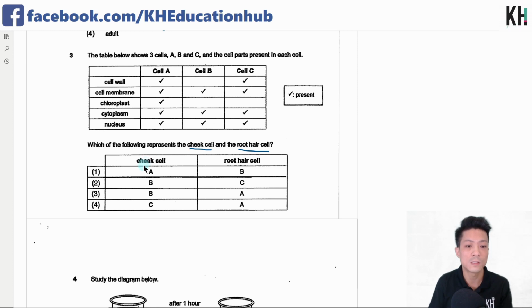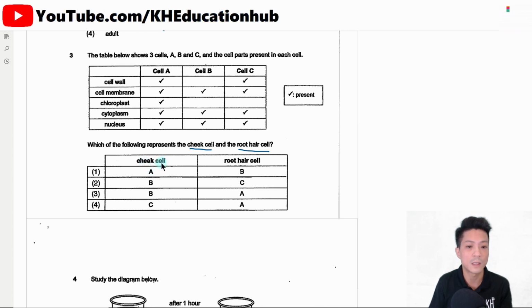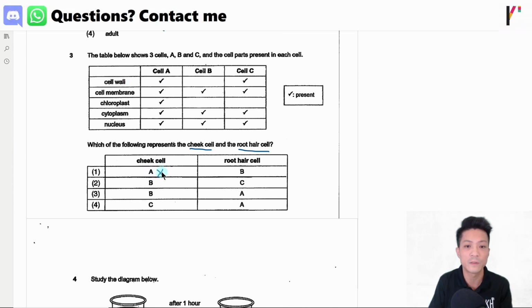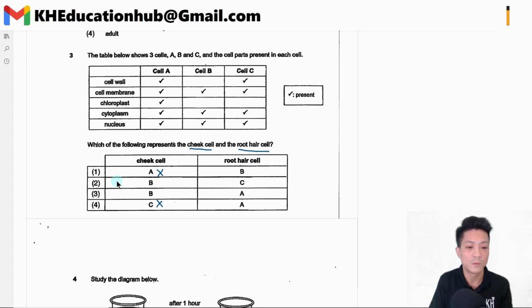Cheek cell will not have a cell wall. So since cell A has a cell wall, A is definitely out. C is also definitely out, because C also has the cell wall. Okay, which means that we're going to eliminate 1 and 4.